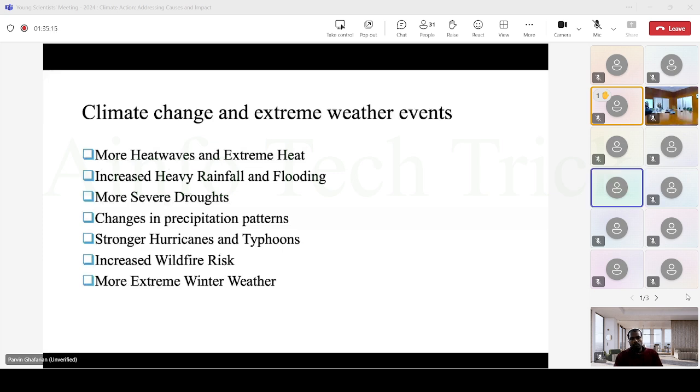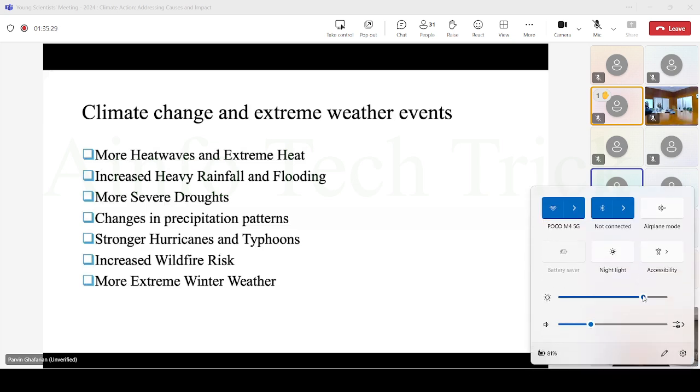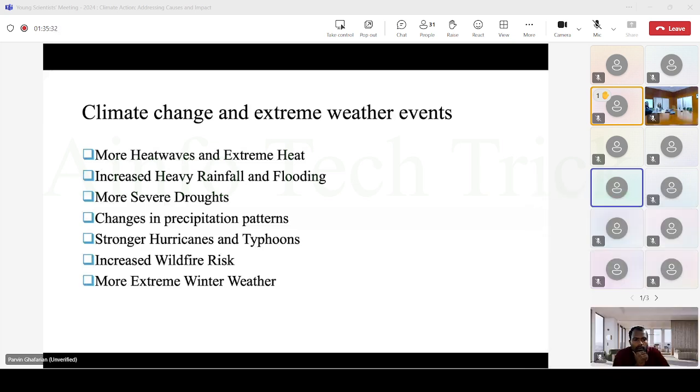And warmer oceans absorb much of excess heat, leading to marine heat waves that harm marine ecosystems and contribute to coral bleaching. Increased heavy rainfall and flooding: this leads to more intense rainfall events, increasing the risk of flooding, landslide, and damage to infrastructures.